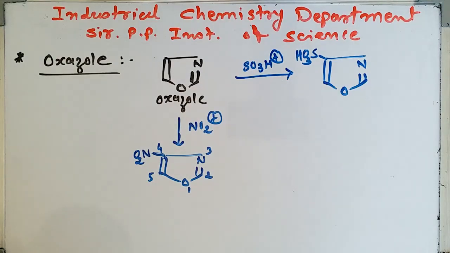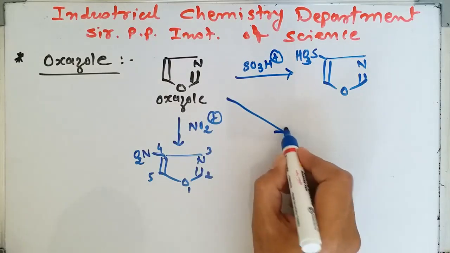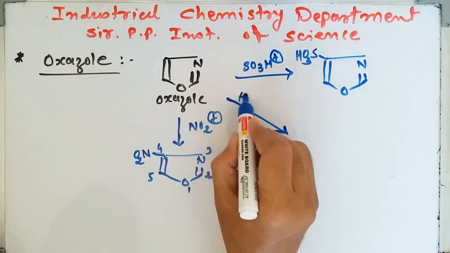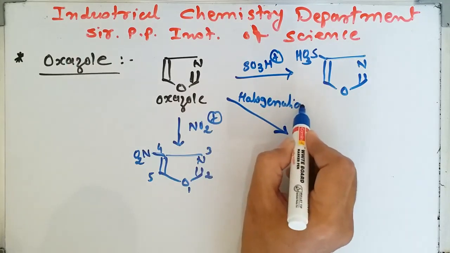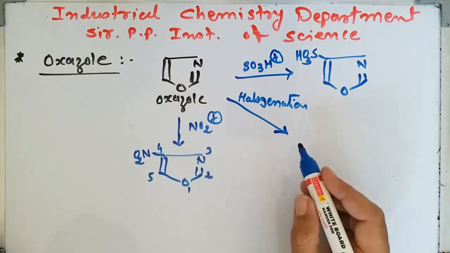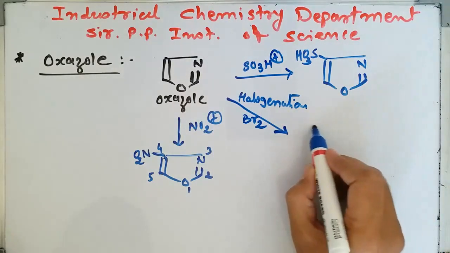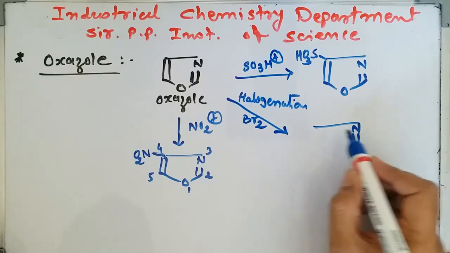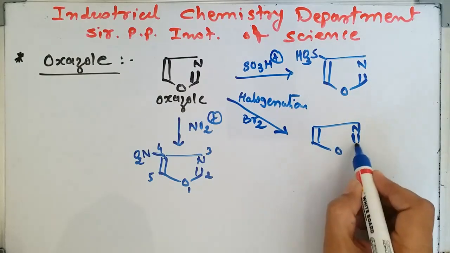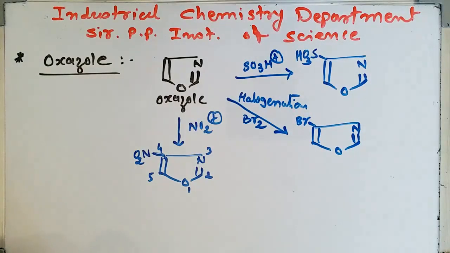With bromination or halogenation, the halo group is introduced at the fourth position, and 4-bromo-oxazole is obtained.